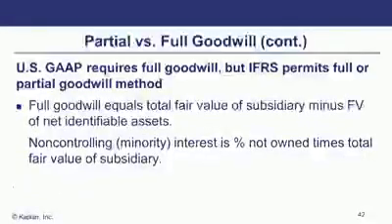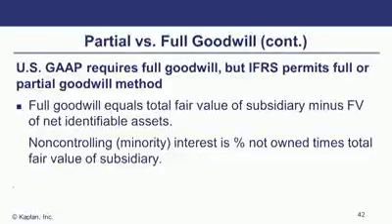Now let's turn our attention to full goodwill. Notice full goodwill is the total fair value of the subsidiary minus 100% of the fair value of identifiable net assets. So we're taking the total fair value of the subsidiary, whether we own 100% or not, and comparing it to 100% of the net assets after we've made fair market value adjustments.